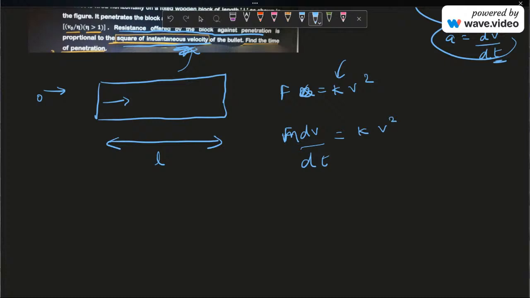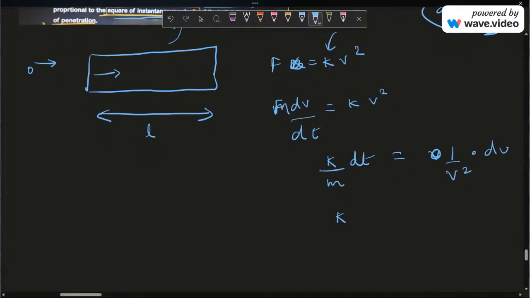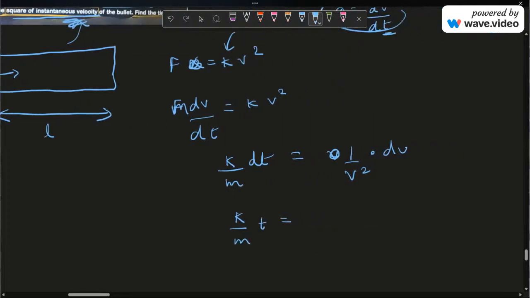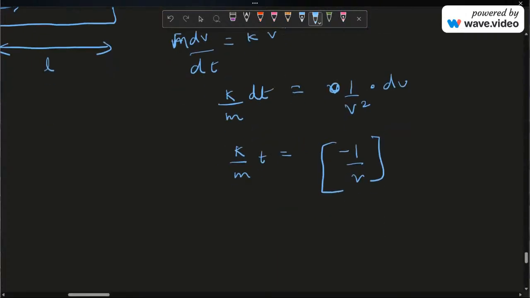I will send m this side: k by m into dt is equal to 1 by v square into dv. So k by m into t is the integration of this. Integrating both sides, we get minus 1 by v, with limits from v naught to v naught by eta.